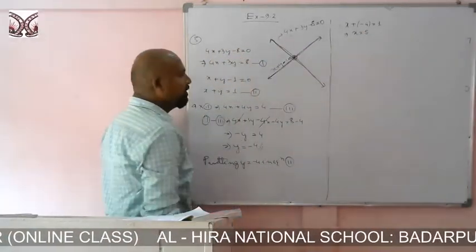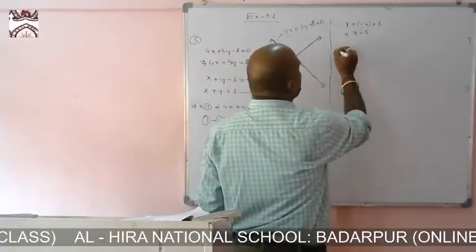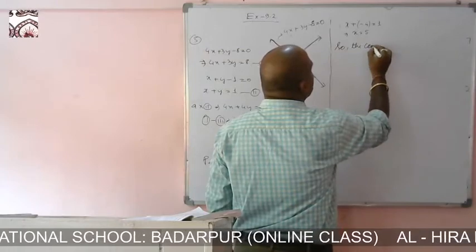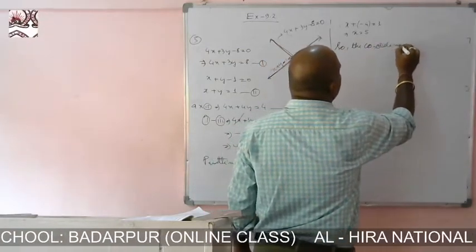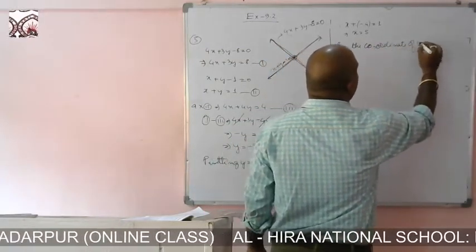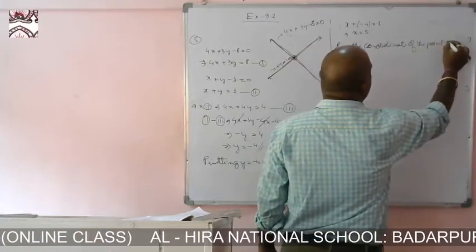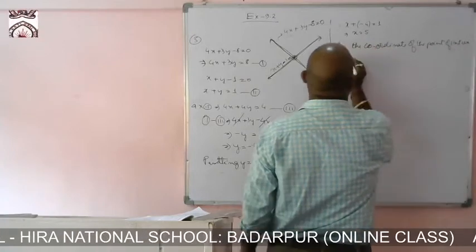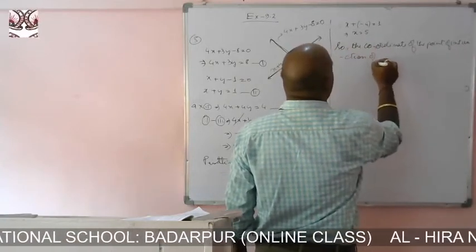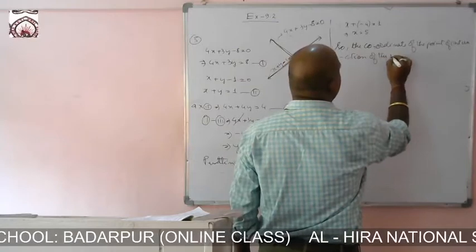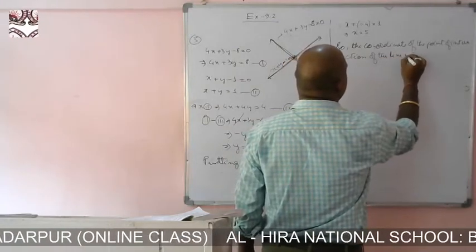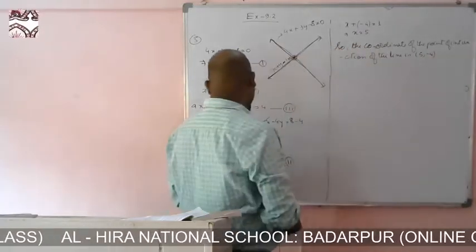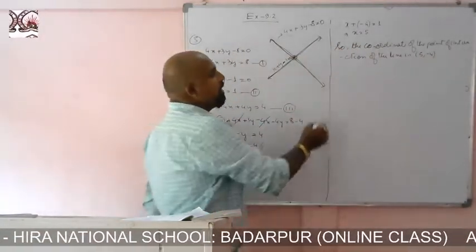Now, so the coordinate of the point of intersection of the lines is 5 comma minus 4. Okay, 5 comma minus 4.